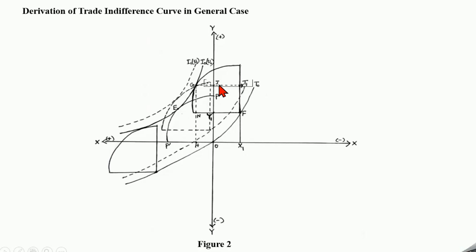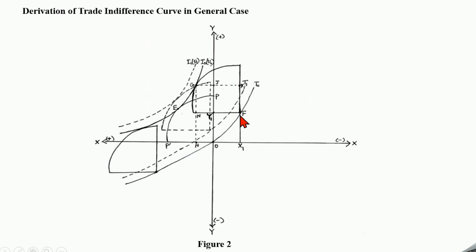So, the surplus amount of commodity X, that is JK, which is equal to OX1, is the volume of export. Again, the country is consuming commodity Y by the amount GH and it is producing GN. So, the country is importing commodity Y from another country by the amount NH, that is equal to OY1.